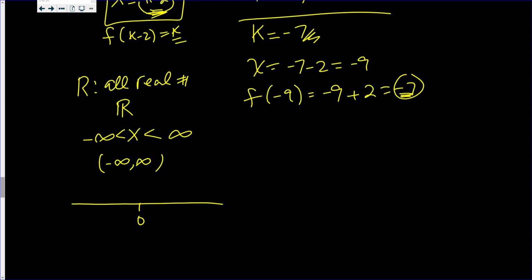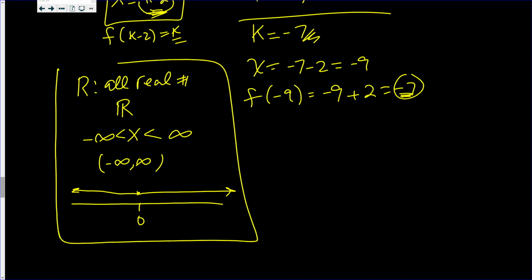I'll put down some numbers. 0 can equal 0 and everything to the right and everything to the left. That is the range of f of x is equal to x plus 2. It can equal any value.